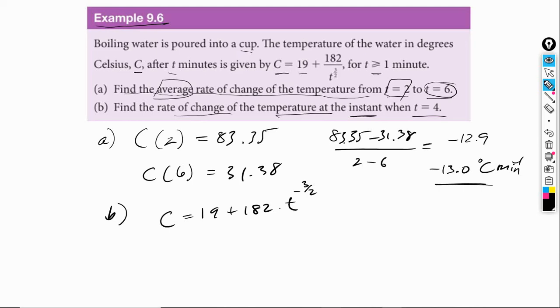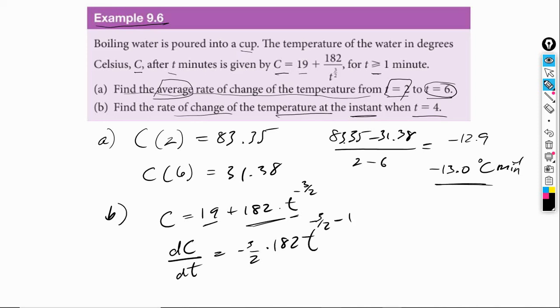So then let's differentiate, but this time not for x, but for t, right? So the instantaneous rate of change of the temperature would equal, the derivative of this is 0. So let's do the derivative of this. It's going to be negative 3/2 times 182 times t to the power of negative 3/2 minus 1.